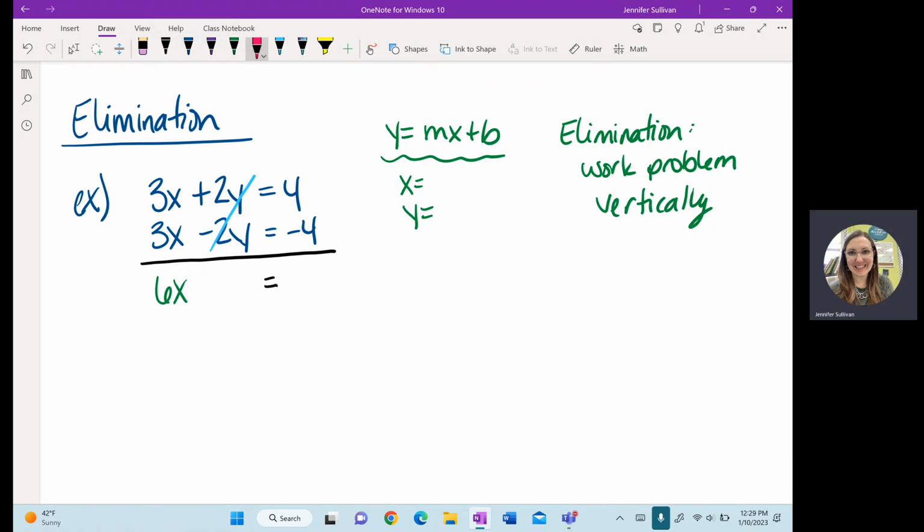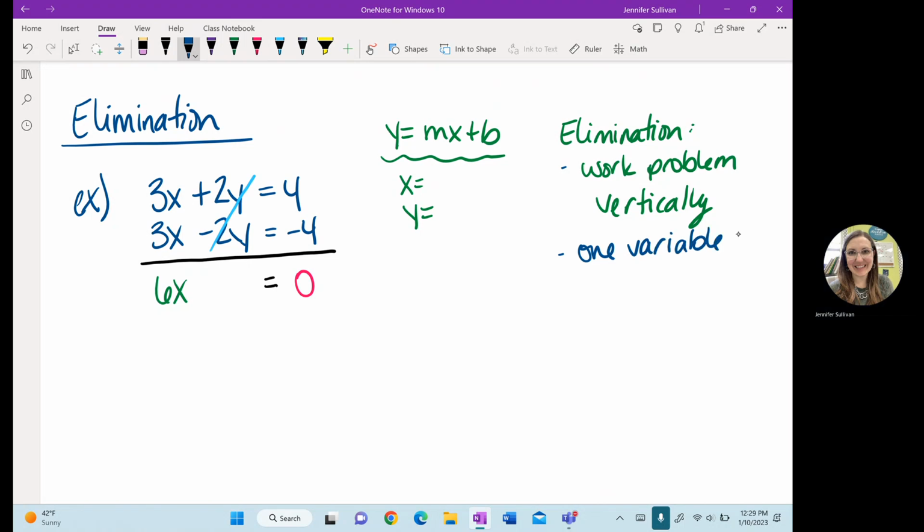And then we're going to combine our 4 and -4. Well, 4 and -4 equals 0. So when I work my problem vertically, what I want to have happen is one variable to cancel. Which is what happens here.